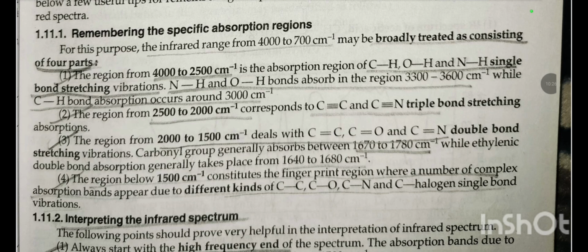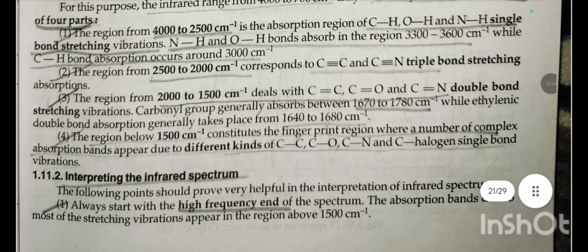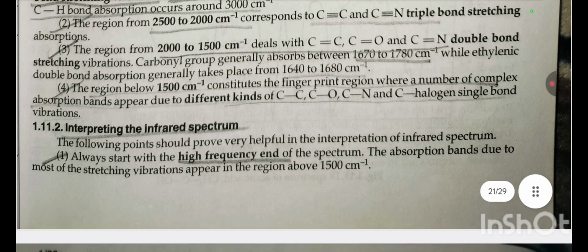The region from 4000 to 2500 cm⁻¹ is the absorption region of C–H, O–H, N–H single bond stretching. The region of 2500 to 2000 cm⁻¹ corresponds to triple bond stretching. The region from 2000 to 1500 cm⁻¹ deals with C=C, C=O, C=N double bond stretching.